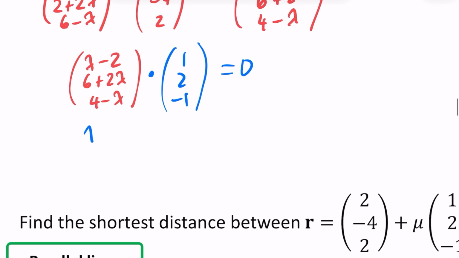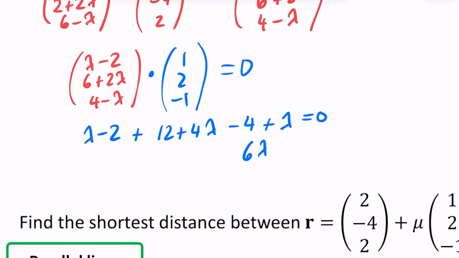So I get the lambda and the minus 2. I'm going to double that next bit, which is a 12 plus 4 lambda, and then I'm going to do the minus 4 plus lambda for that last part, which gives me lambda plus 4 lambda plus lambda, that is 6 lambda for this. And then when I put the 4 and the 2 to the other side, I get 6. Subtract 12, 6 subtract 12 is minus 6, meaning that lambda is equal to minus 1.